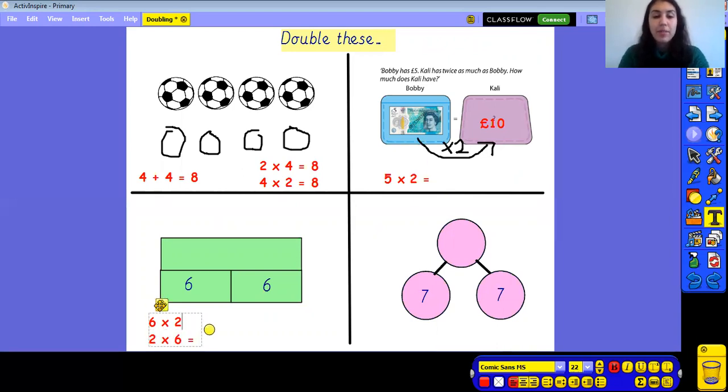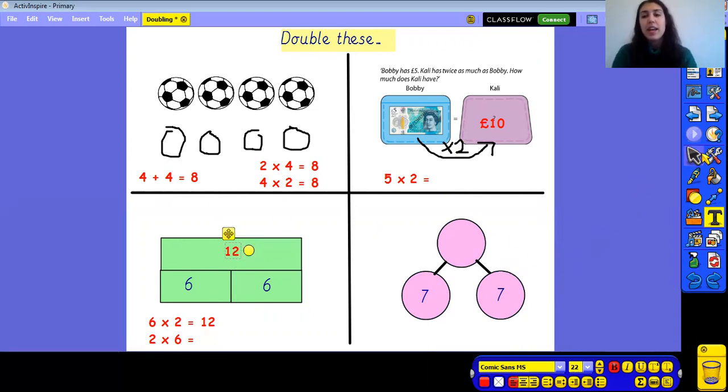Whichever one is absolutely fine. But either way, I don't know how to count in my 6s. So what I'm going to do is show 6 groups, and say 2, 4, 6, 8, 10, 12. So then the top of my bar model would have my whole in it, which is 12. So we could say that double 6 is 12.